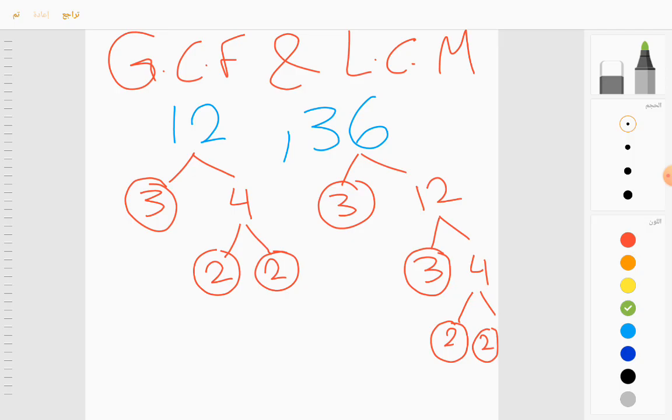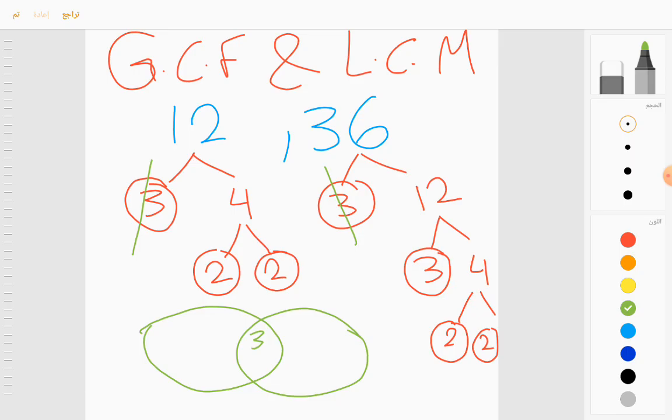So, first of all, to draw a Venn diagram, draw two intersecting circles, like this. And then in the area in the center, we put the common numbers or the common factors.